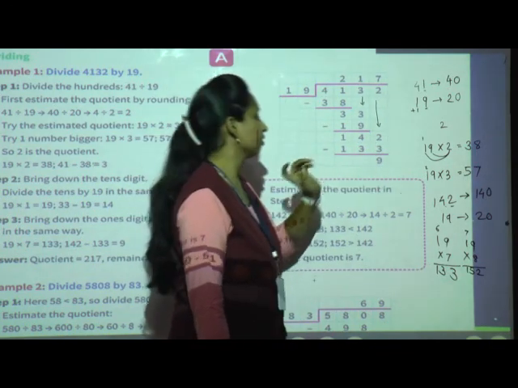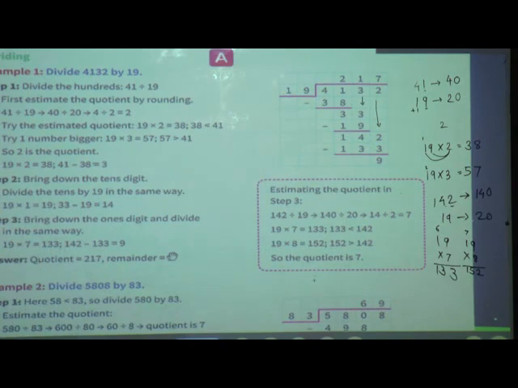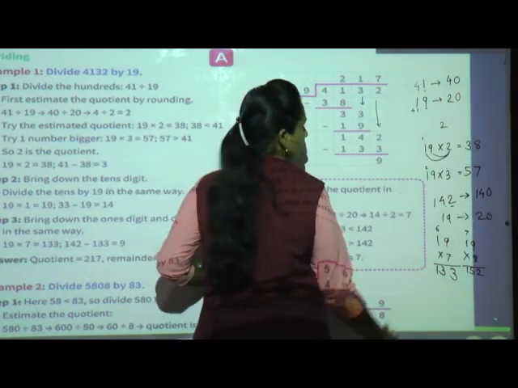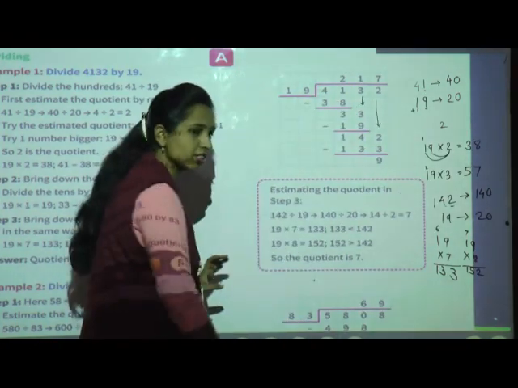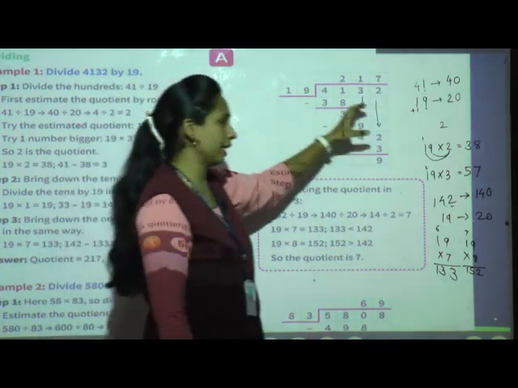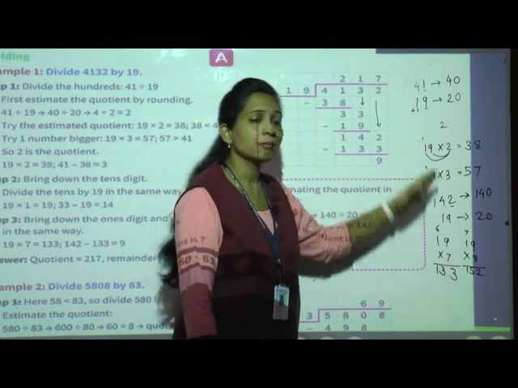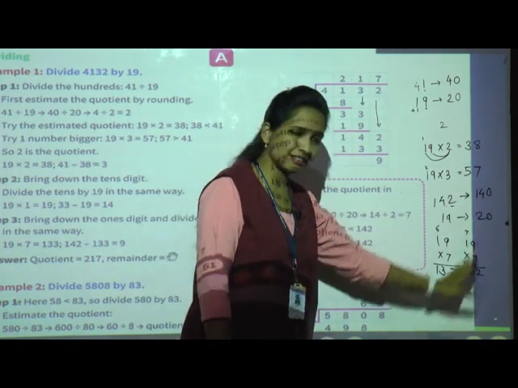When we subtract, what will remain? 9, isn't it? So what we have done here, instead of writing the full 19 table, we have taken the first number and divisor, estimated the numbers and roughly done it by closing the last digit.